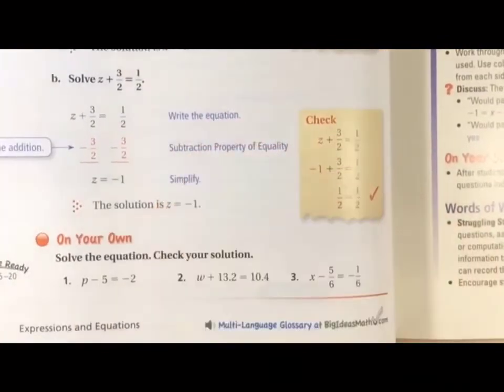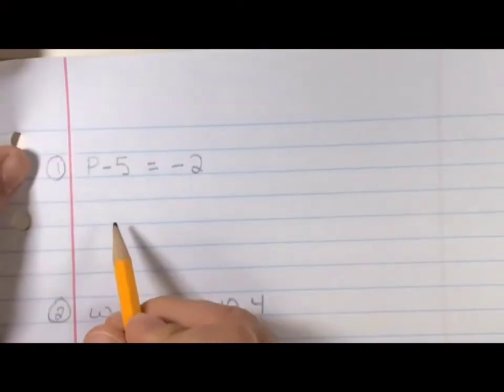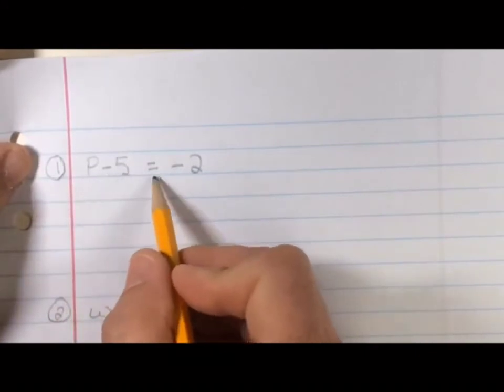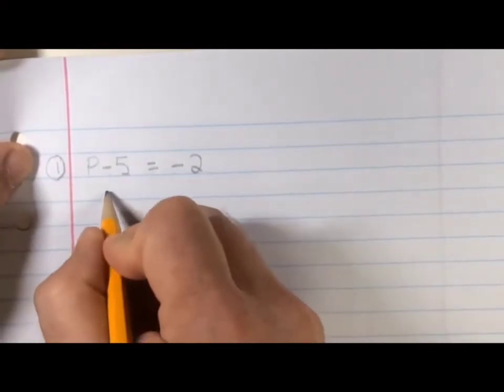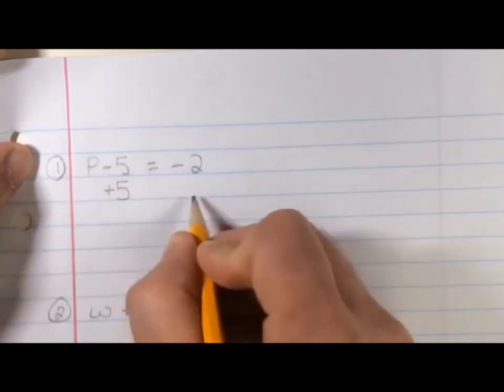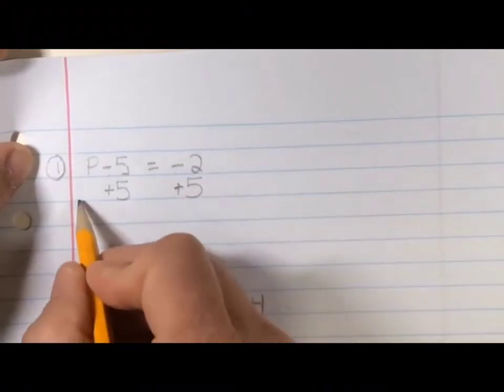Here are 3 for you to do on your own. Okay, so for number 1, P minus 5 equals negative 2. We want to get rid of this minus 5. So we add 5 to both sides, always to both sides, because we have to keep this an equivalent equation.